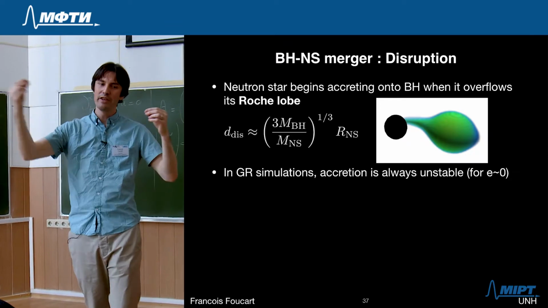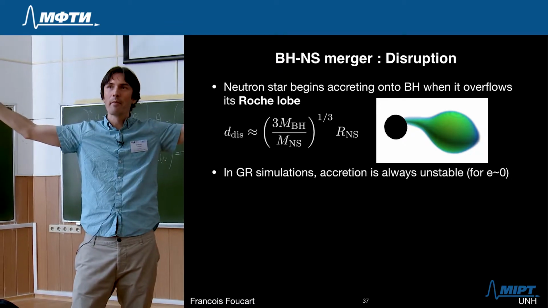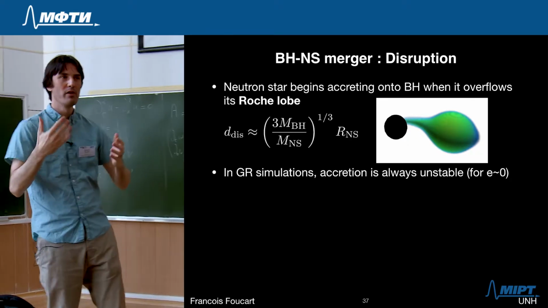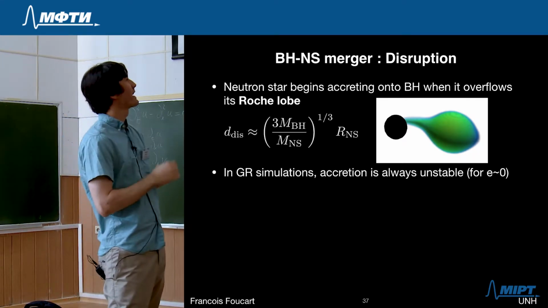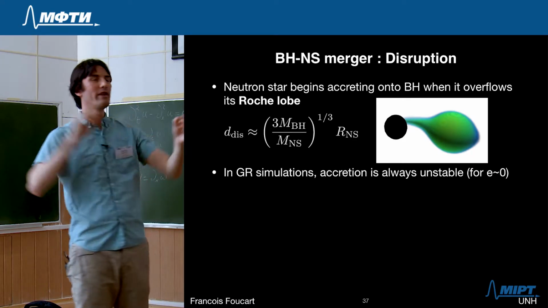The neutron star starts accreting and then it goes unstable and it just blows away, as we have seen in the movie. Some matter is ejected, some matter falls in, but there is no stable mass transfer between the two objects.